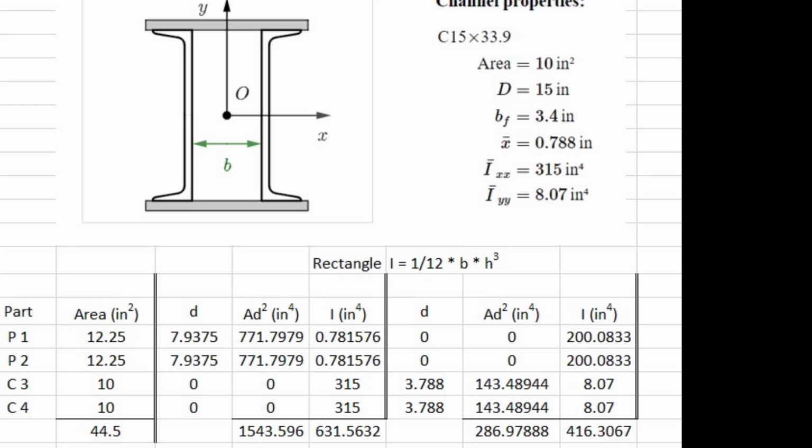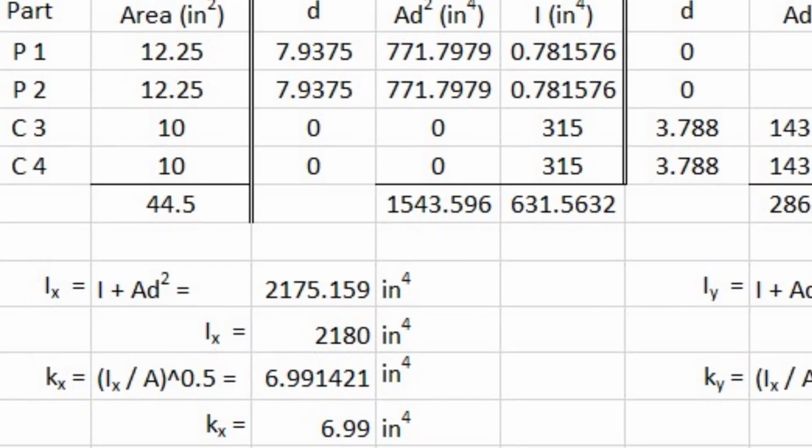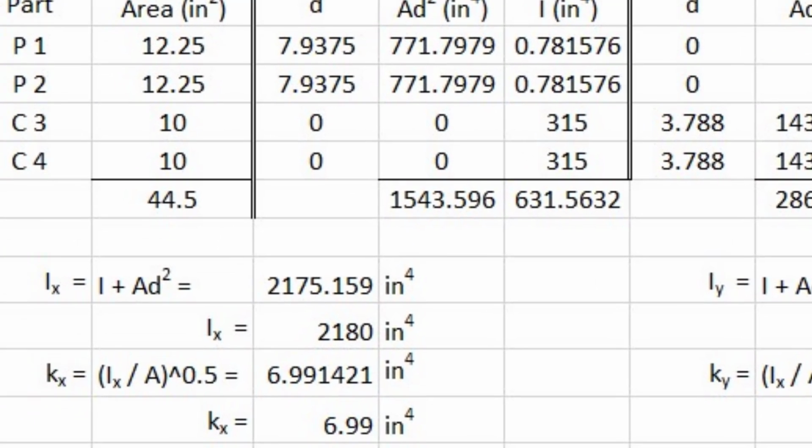And for the channel, we're given that as a property, and that's 315. So we add those two columns up, and that results in a moment of inertia in the x-axis of 2,180, reporting it to 3 significant figures.